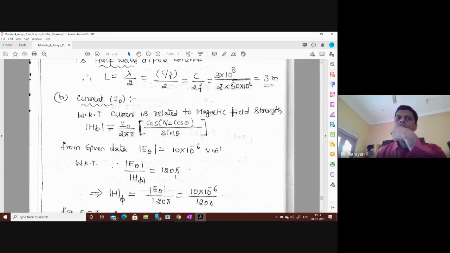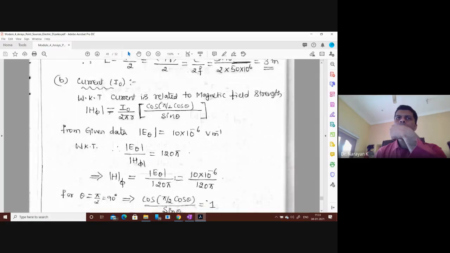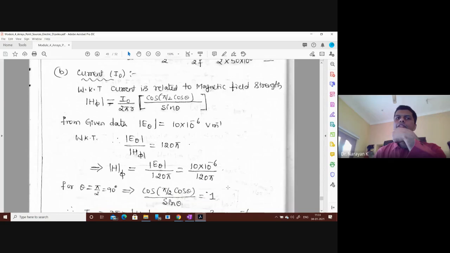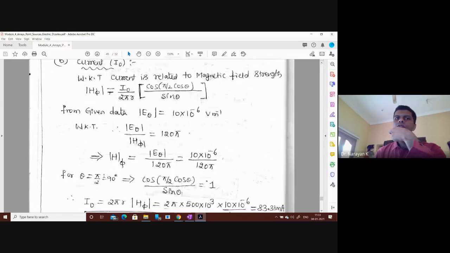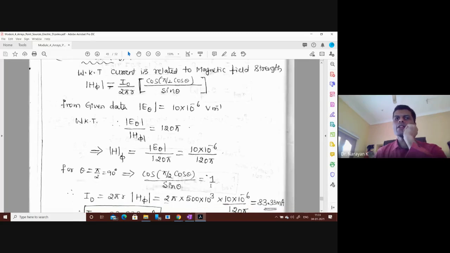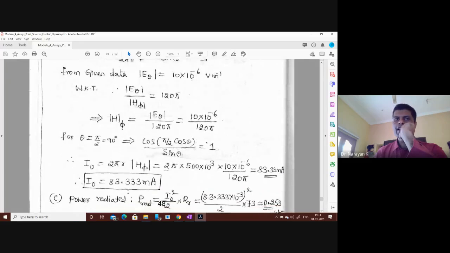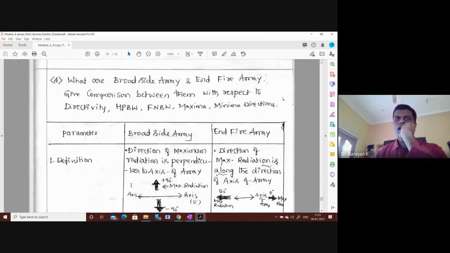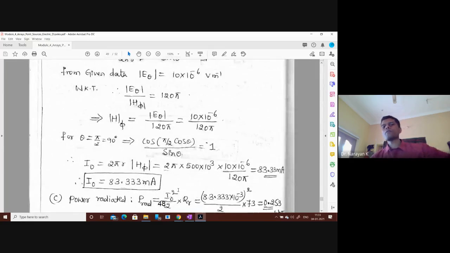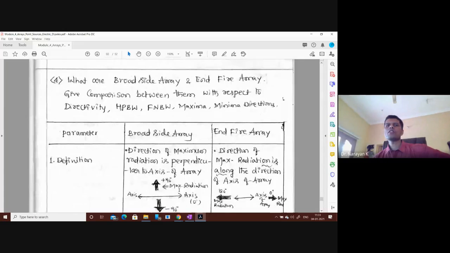We know that E theta by H phi is nothing but 120 pi. So you get the value of H phi here. For theta equal to 90 degrees, you will get 1. So from that you can find the I0, because you know H phi. Then you can find the power radiated as I square by 2 into radiation resistance.